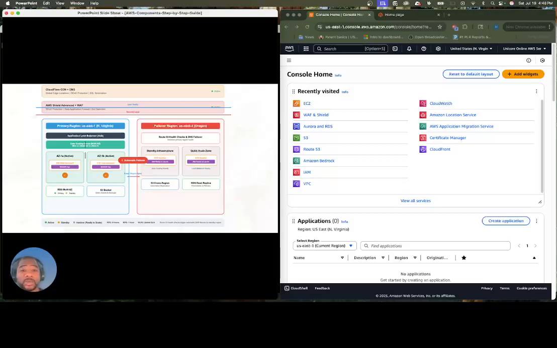The DNS will automatically switch to point to the Oregon region, and the RDS read replica will be promoted to the primary database. The Oregon instances will serve identical content from the replicated data, and your customers wouldn't even know anything happened.